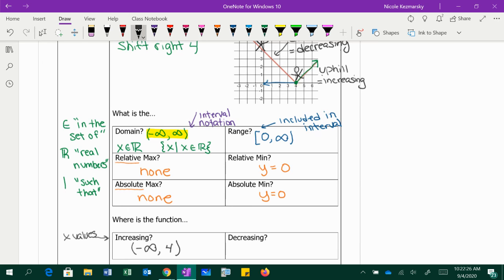Then, whoops, I went the wrong direction. I apologize. Let me back that up. That was decreasing, wasn't it? Negative infinity to 4. Then we're increasing from 4 on forever, so on to infinity.